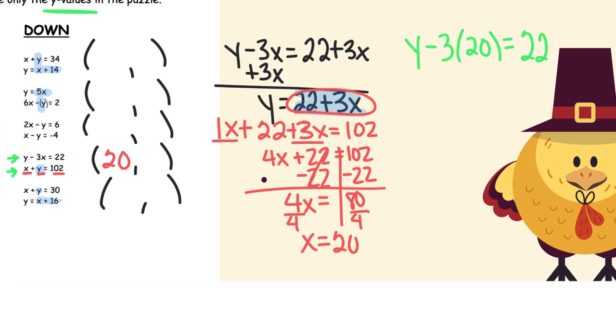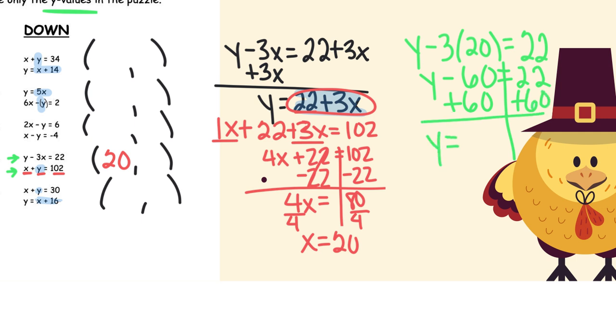What's negative 3 times 20? Negative what? 60. How do I get y by itself? Plus the 60. Y equals 82.